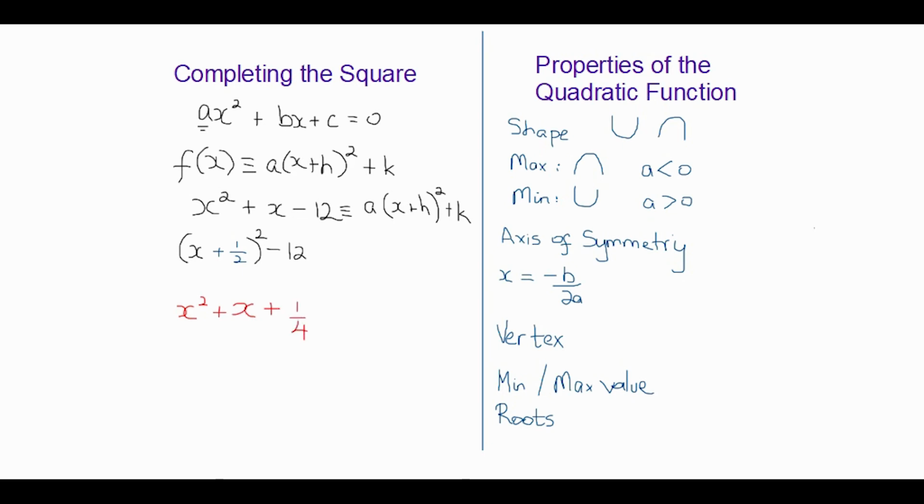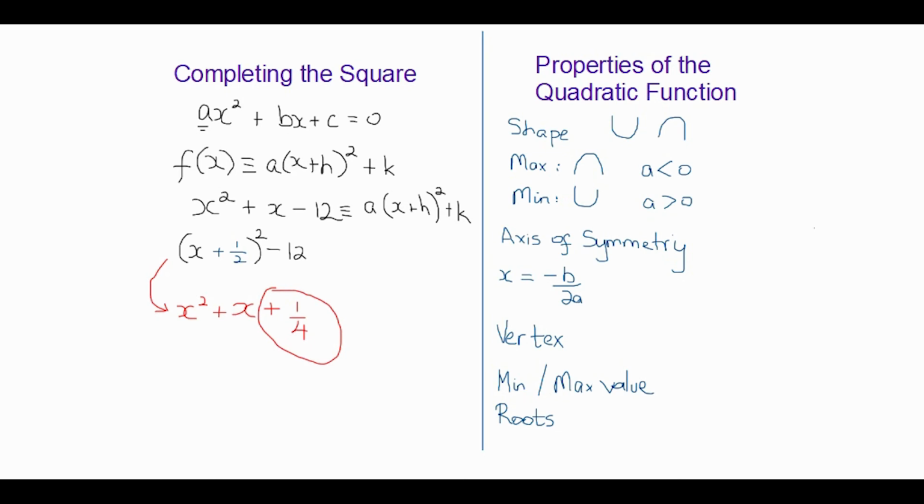Alright, so this is what this binomial will look like when I expand it out. Now, the x squared plus x remains because this is what we wanted to put in this perfect square form. But this positive 1/4, it didn't belong to the original expression, and we have to remove it because whatever doesn't belong needs to be removed.